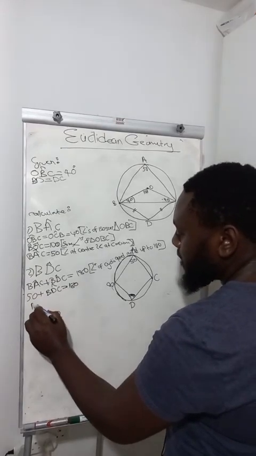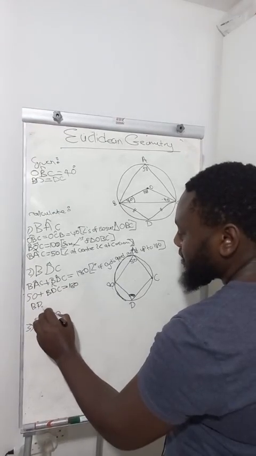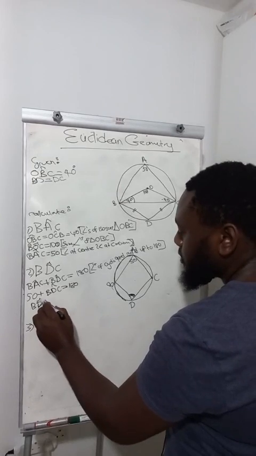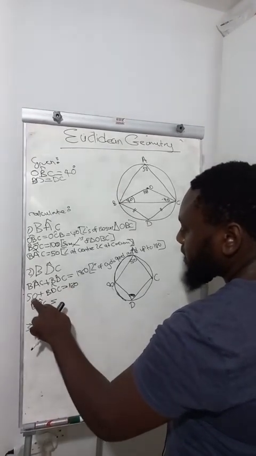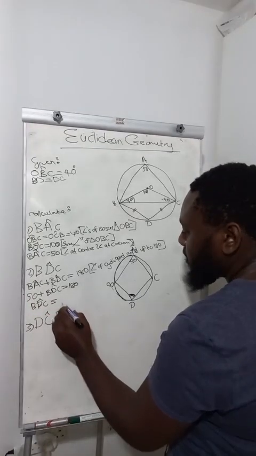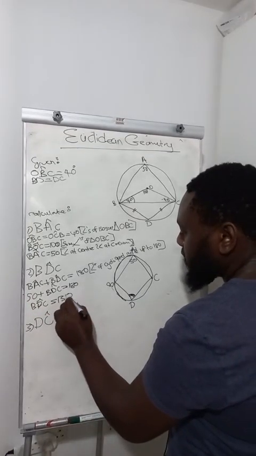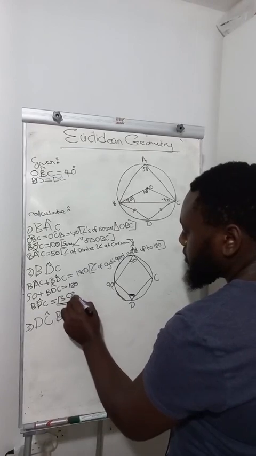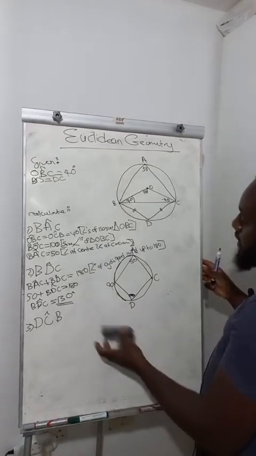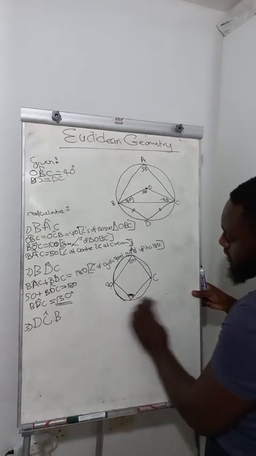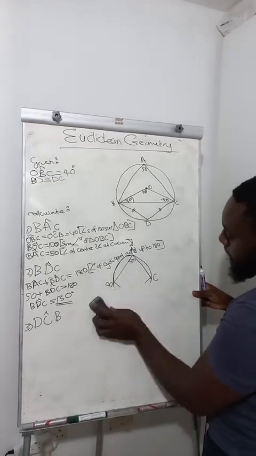So BDC will just be 180 minus 50, which gives you 130. So you're done now. Do you see that? This is how you analyze cyclic quads.